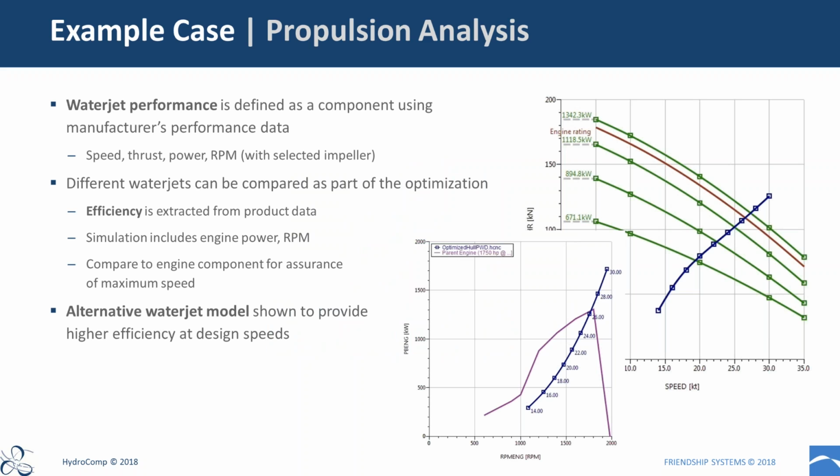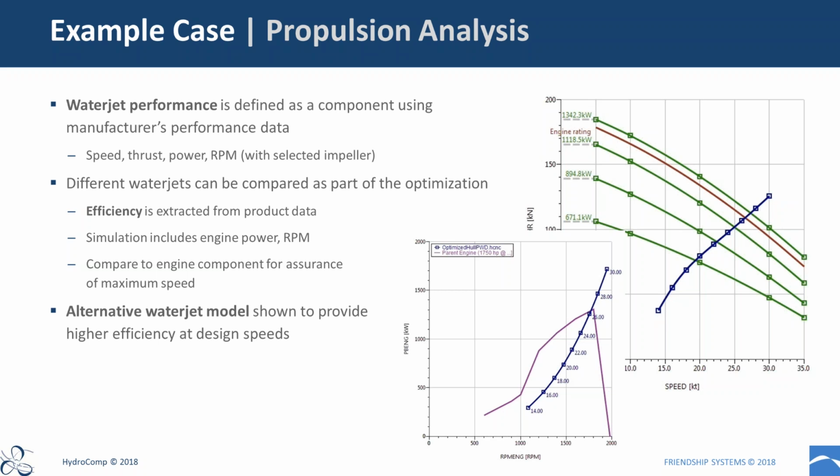As mentioned earlier, water jet performance is not conducted in a first principles way like we might do for propeller design, but it is a component that we have to select. Manufacturers produce unique individual product models, and they produce data for that purpose: speed, thrust, power, RPM against different impeller types.